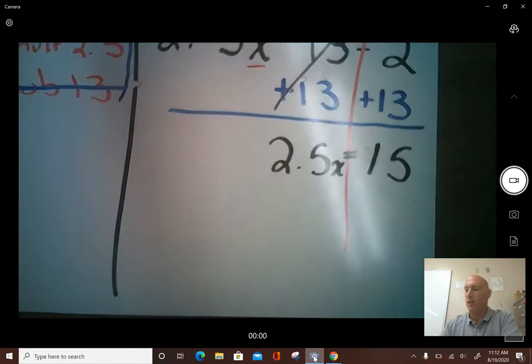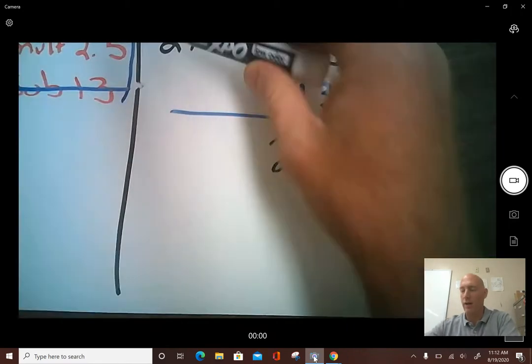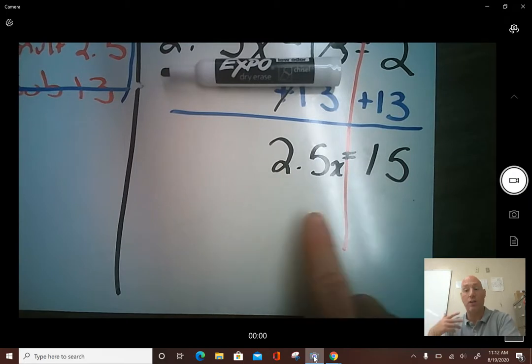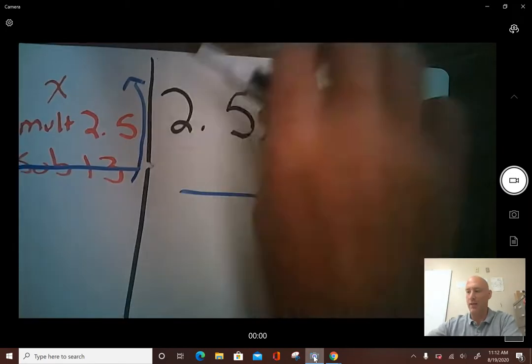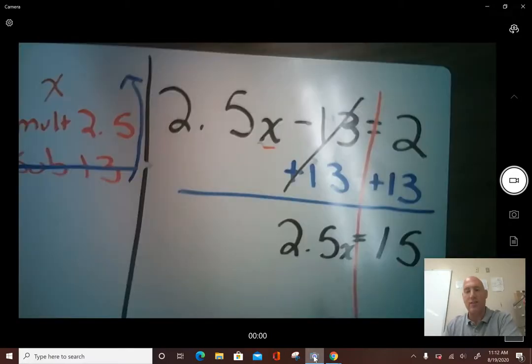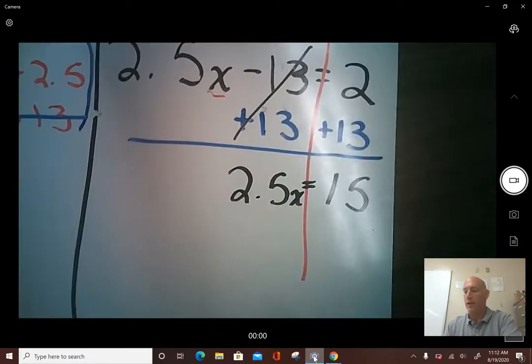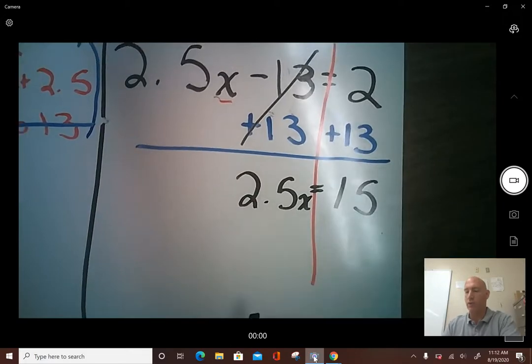Now, you can kind of ignore everything you've done up till now. This is like a brand new equation. It's an equivalent equation. Remember, that was one of our vocab words in the last section? This is exactly the same as this as it pertains to the value of x. And that's all I want to know. So now I'm just going to look at solving this one, which is my next step here.